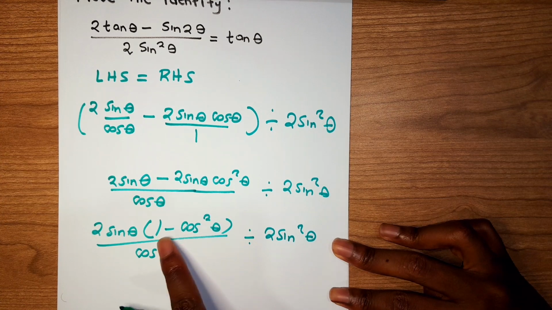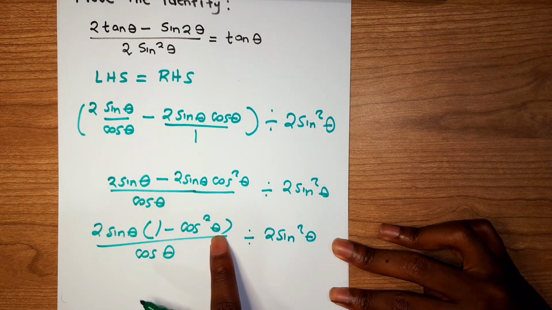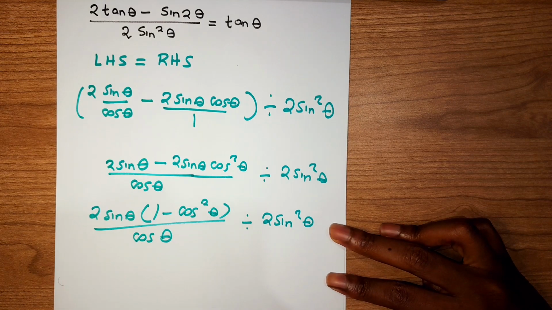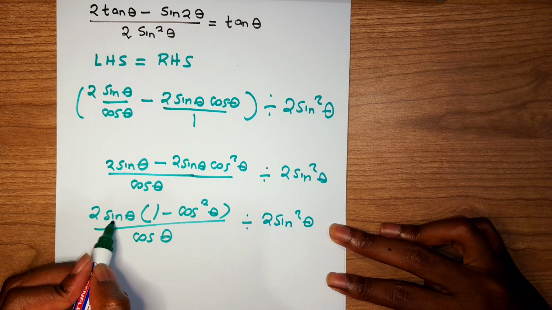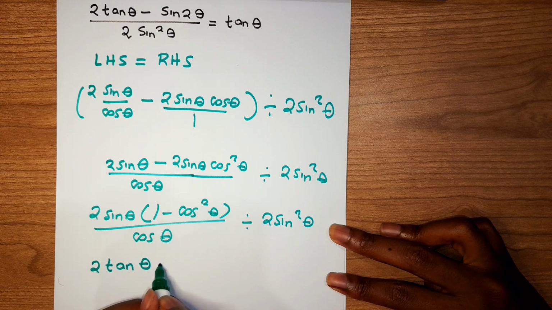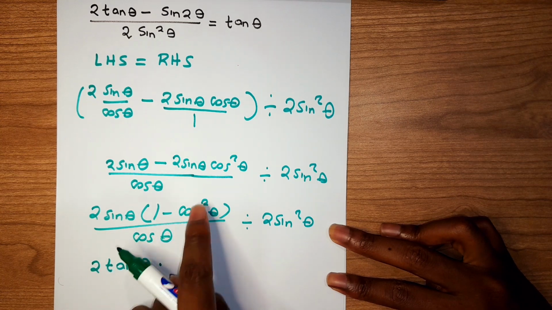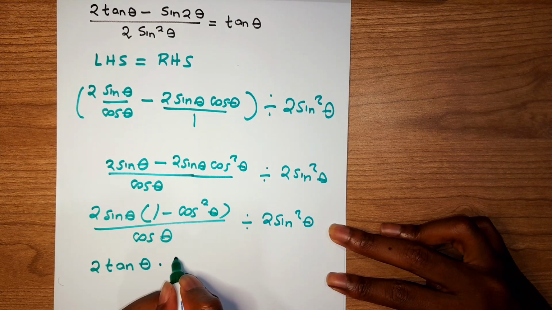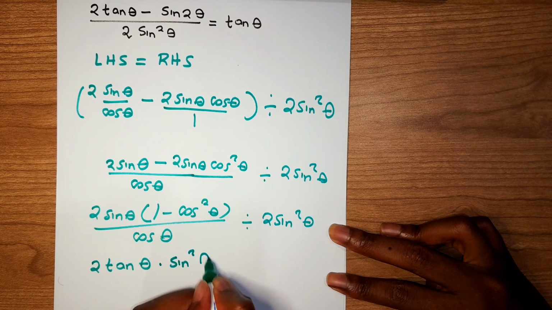What is 1 minus cos squared of theta? It is the same as sine squared of theta. So you already know that sine of theta over cos of theta will give you 2 tan of theta, and at the very same time, 1 minus cos squared of theta will just give you sine squared of theta.